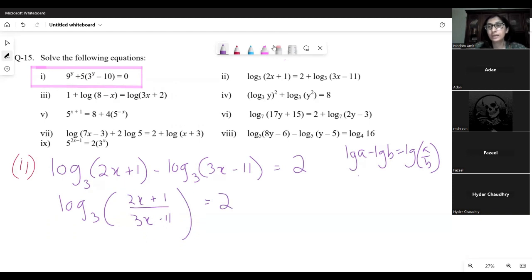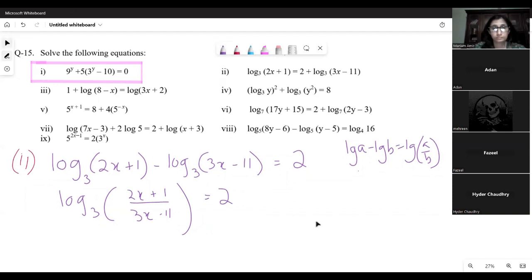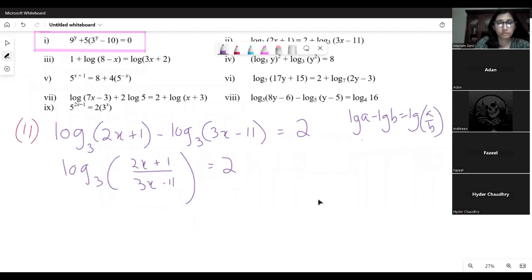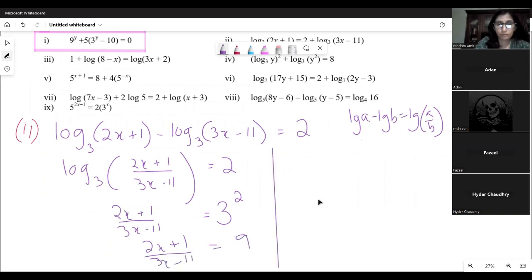Now we have to send log base 3 to the other side. Marine, do you remember how does log base 3 go to the other side? 3 square. Very good. 3 square, and then 2x plus 1 upon 3x minus 11 equals 9. And quickly solve this and tell me what is the value of x.